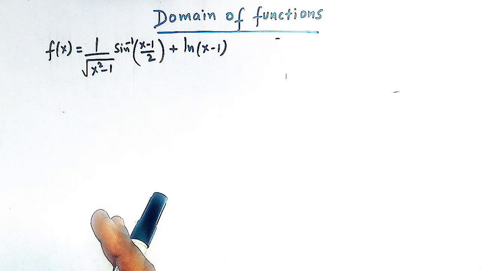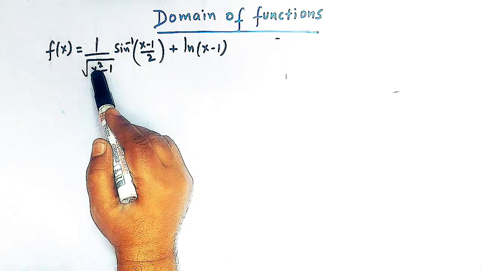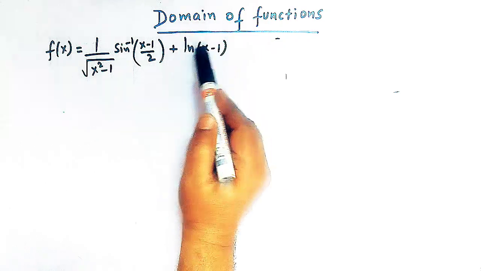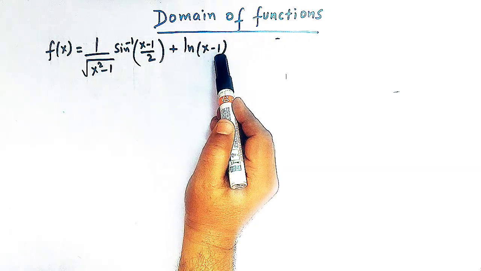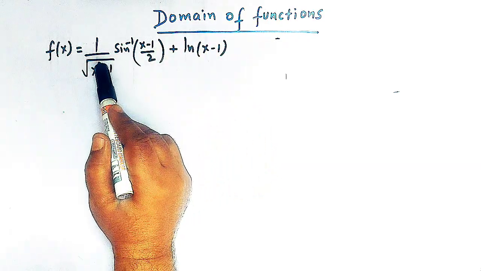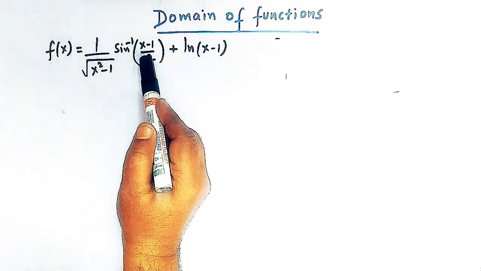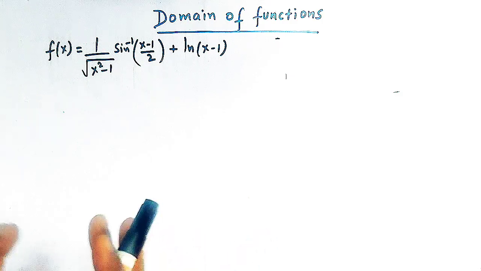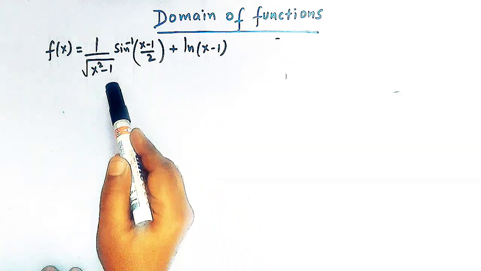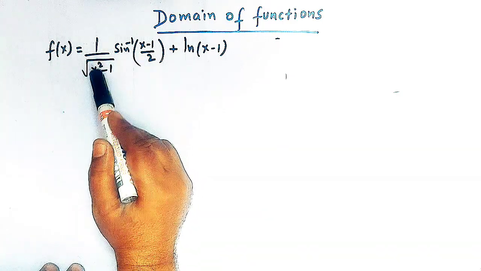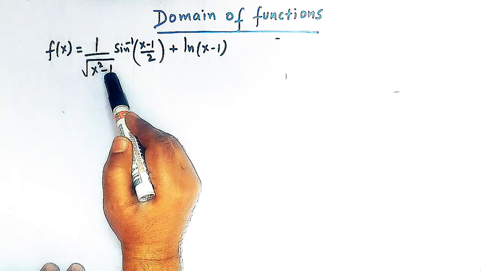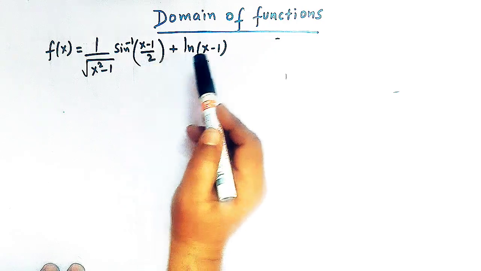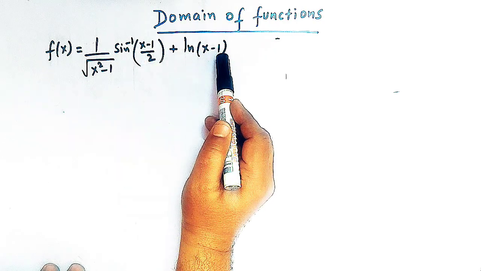a combination of functions. So here we have the product of these two functions, and then this function, that is the natural log of x minus 1, is added to the product of these two functions, right? So here we'll first separately find out the domain of these three functions, that is 1 over square root of x square minus 1, and then sine inverse of (x minus 1) over 2, and then natural log of x minus 1.